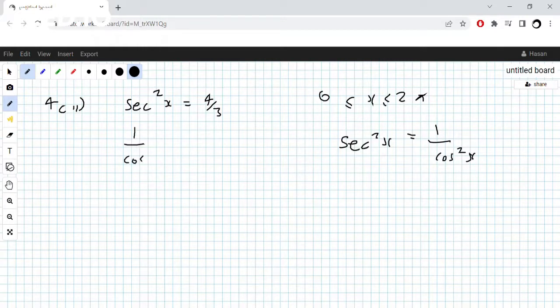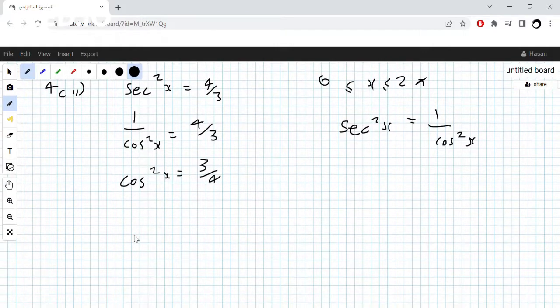1 over cos squared x equals 4 over 3. Rearrange this to give you cos squared x equals 3 over 4. Now to get cos x on its own, which is what we want, that would be plus or minus root 3 over 4. Plus or minus is crucial.